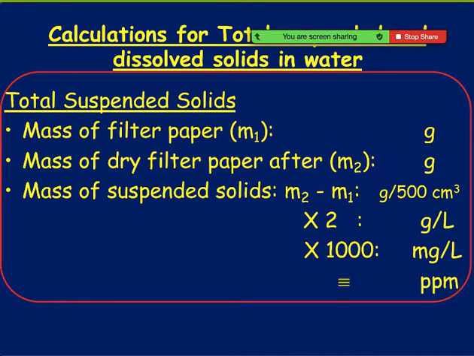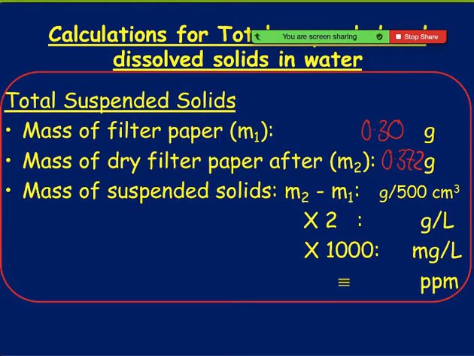So I'm going to give you some numbers now. Our filter paper was worth 0.30 grams. The mass of the dry filter paper after, M2, was going to be 0.372.